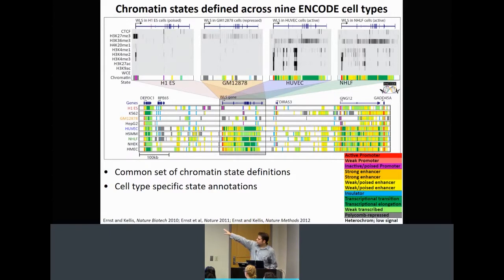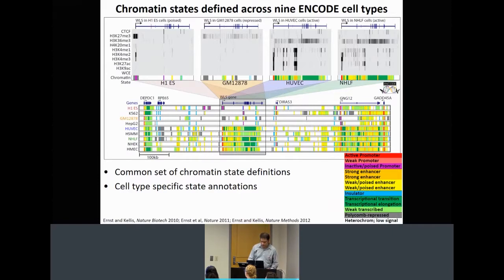So that's for 4 cell types, but now we're summarizing that information for 9 cell types here, and you can go into any location you're interested in and quickly see what the chromatin state is in any of those different 9 cell types. So we've learned this model in a concatenated manner, treating additional cell types as if they were additional chromosomes. So we get one common set of chromatin state definitions across all the different cell types, but we can learn these cell type-specific state annotations.